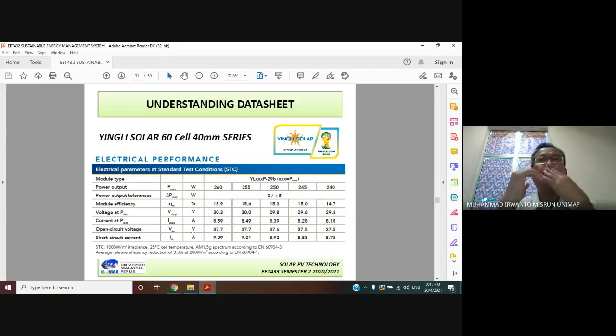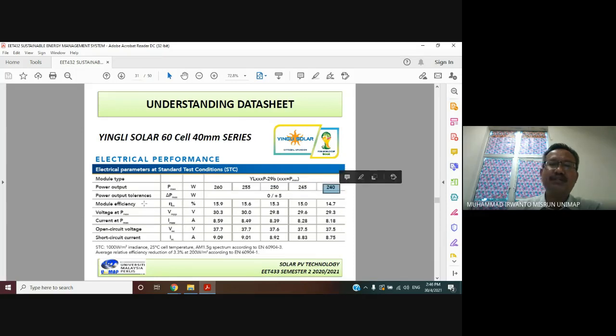This datasheet can be divided into some parts: the electrical data, which is given in the standard test condition STC and in NOCT, and then the dimensions. Now for the electrical characteristics, for example, this one is Yingli Solar, with maximum power of 260, 255, 250, 245, and 240.